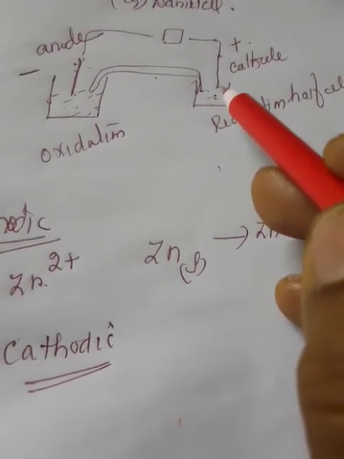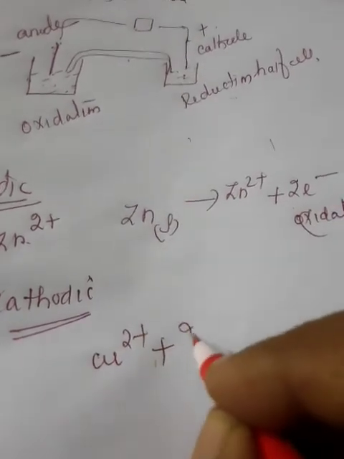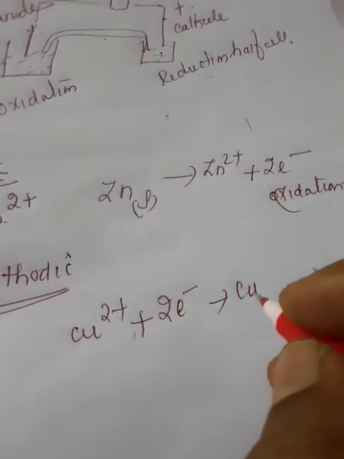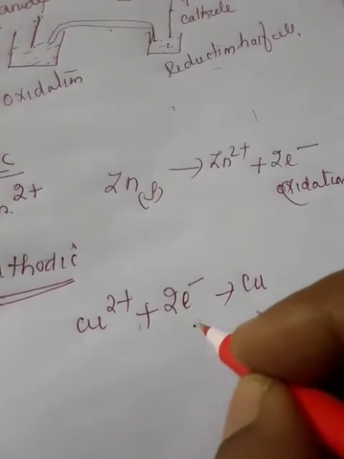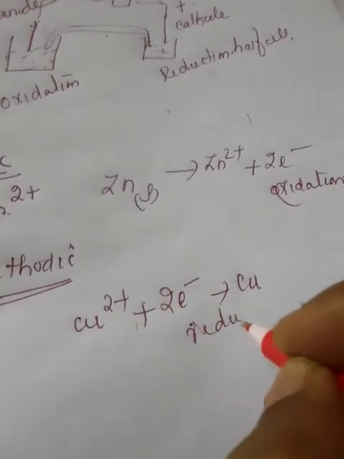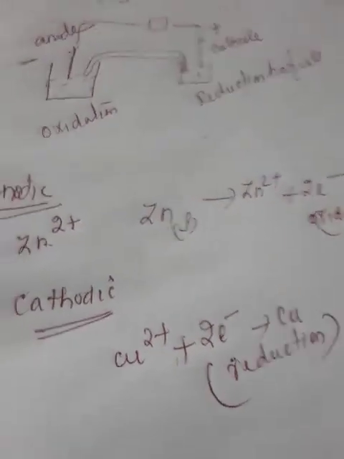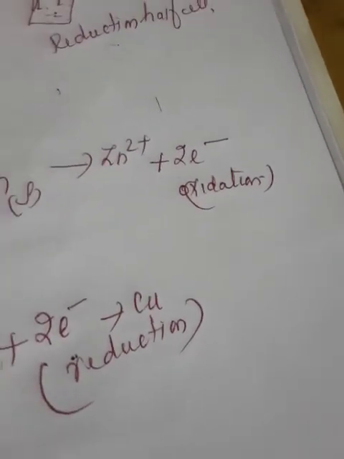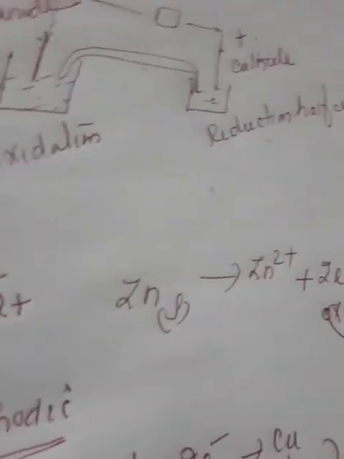So here Cu2+ gains the 2 electrons, forming copper metal which is deposited on the electrode. Here gain of electrons takes place, so it is called a reduction reaction. Anodic compartment: oxidation reaction; cathodic compartment: reduction reaction.